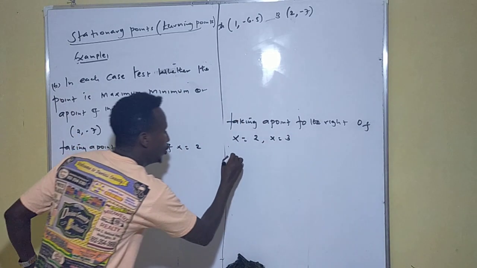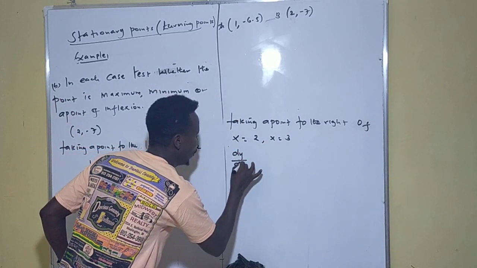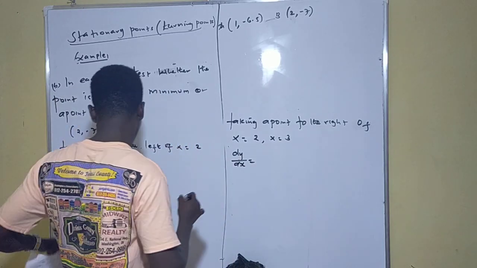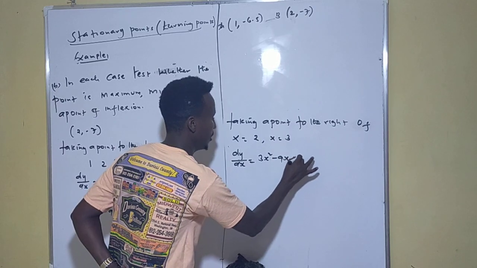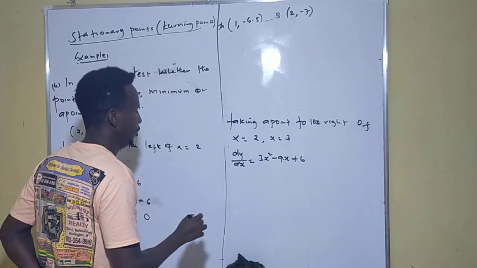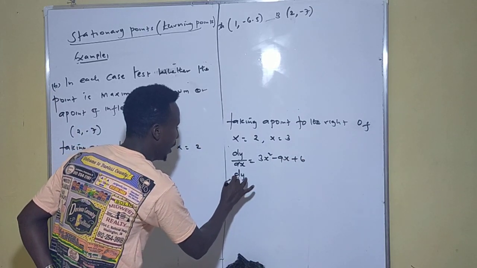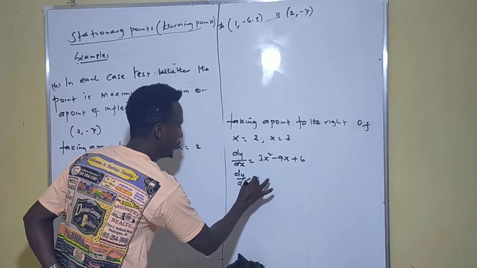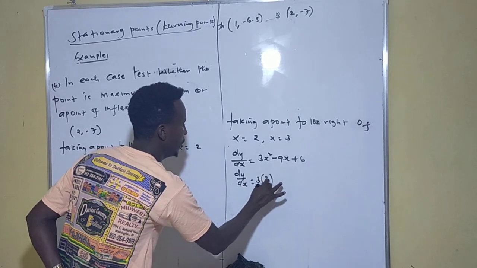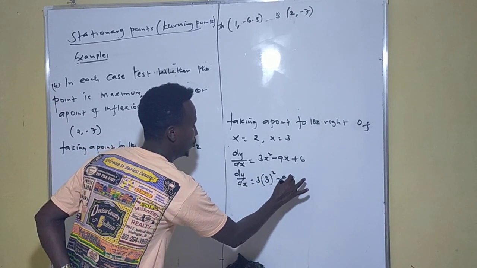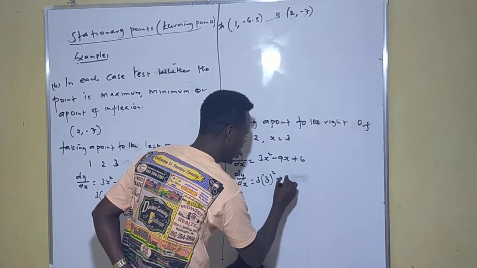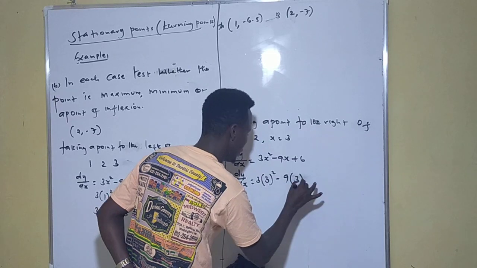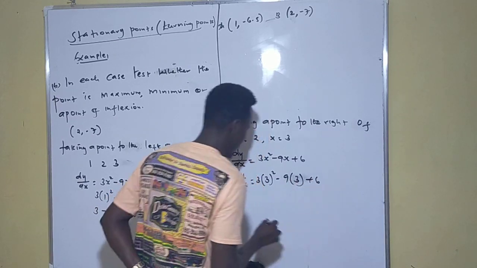I know that dy over dx is equal to 3x squared minus 9x plus 6. So dy over dx is equal to 3 into 3 squared minus 9 into 3, which is the x value, plus 6.